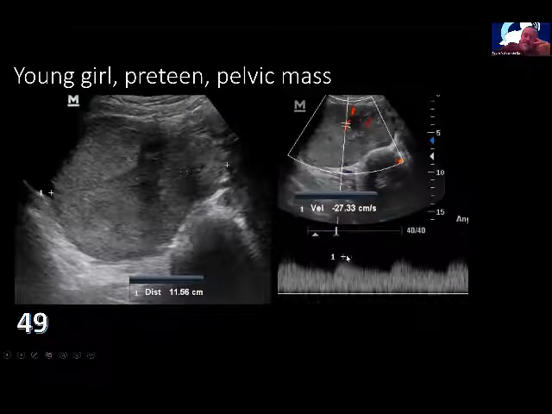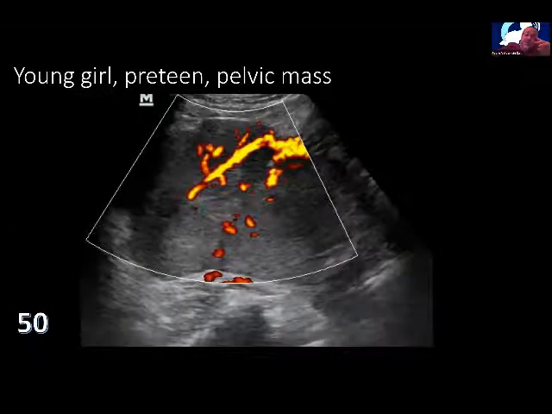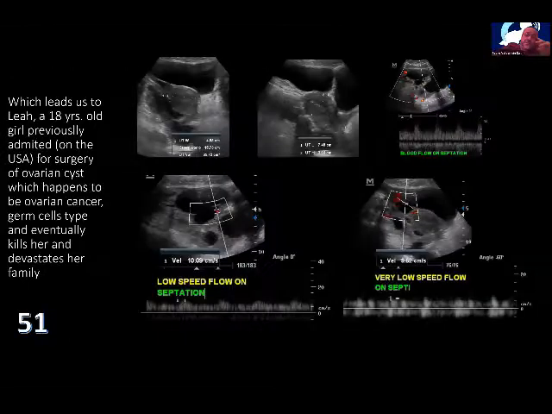Low resistance means the difference between the higher and the lower speed is not that big. This is the size of the mass, which is big. And this is a power Doppler image of the same mass.